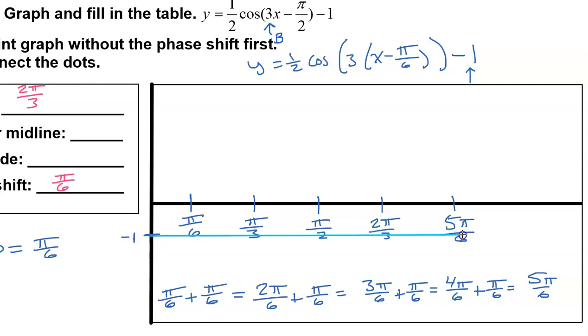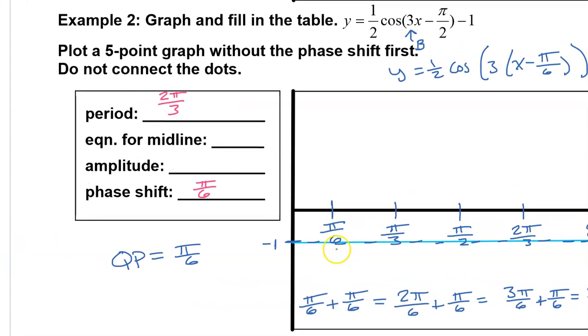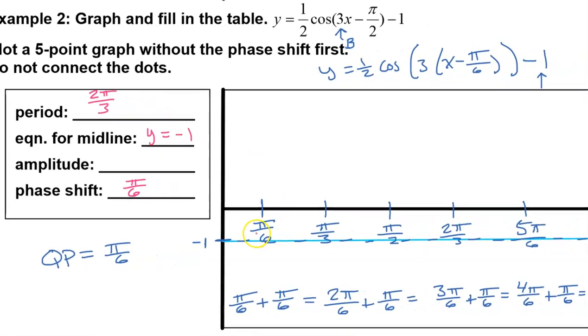So instead of the x-axis, this will be the midline. We should express this as a dotted line, but I put my little midline there as a guide. I put the blue line to help me draw straight. So there's my midline, and that's one of the things they want us to record. So the midline is y equals -1.